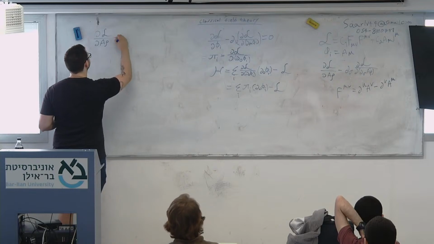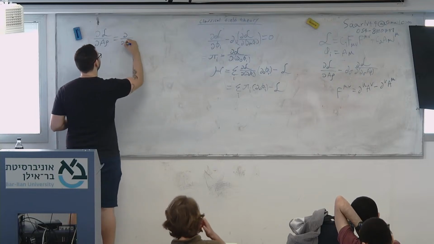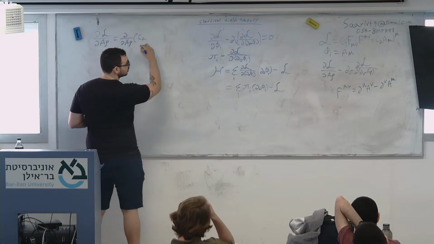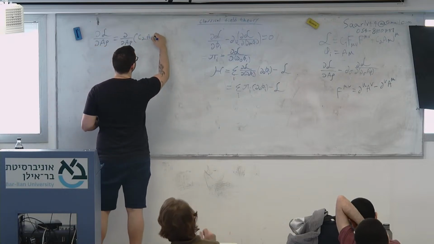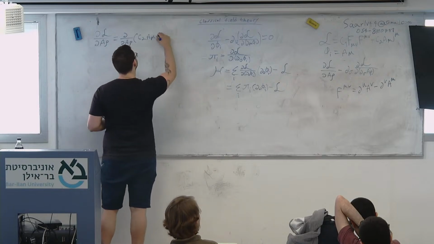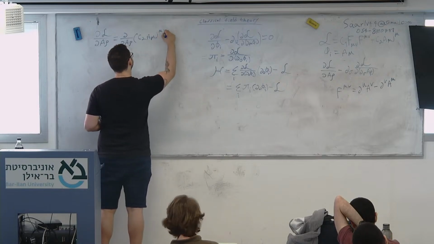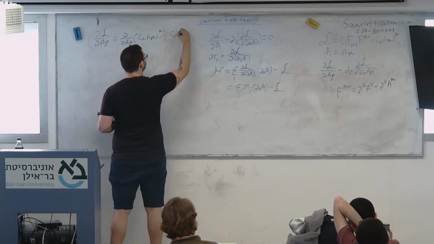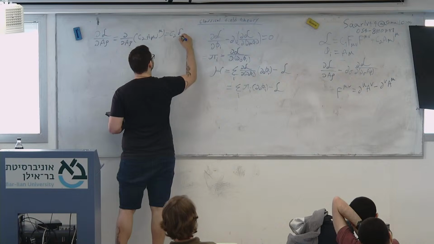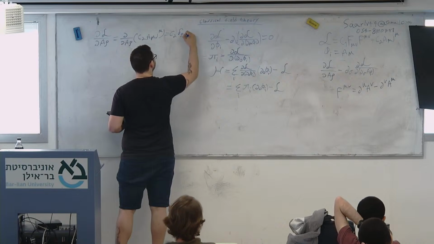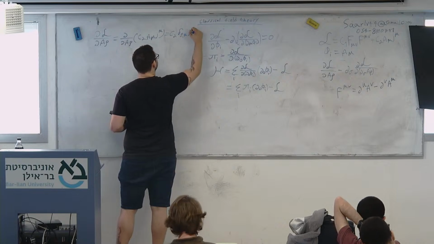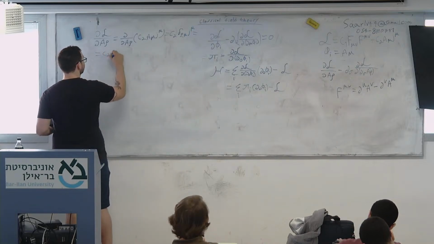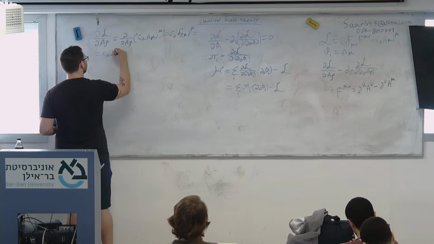So it will be a row of C2 a mu j mu, which should be equal to C2 delta row mu j mu, which is just C2 j row.